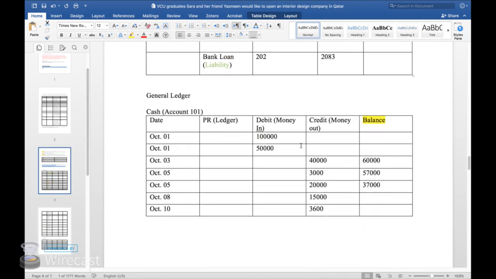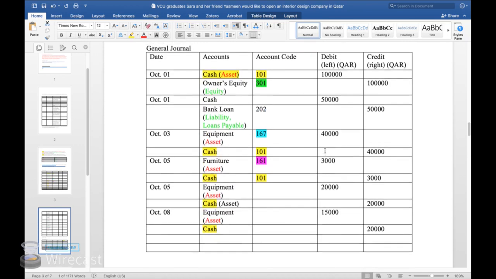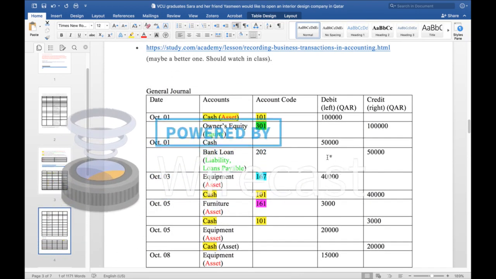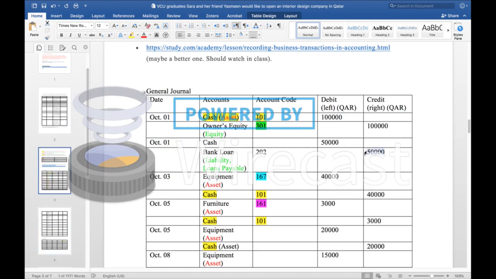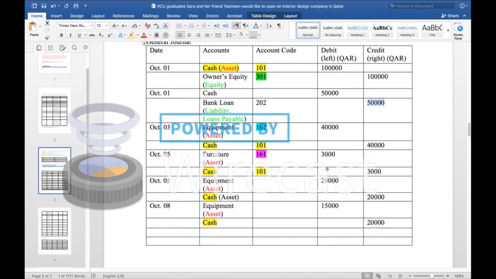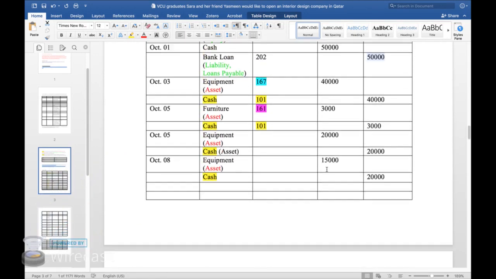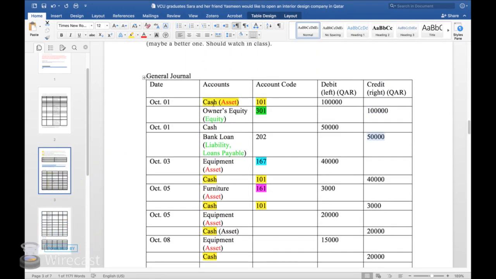So this cash recorded, this cash recorded. And this is not cash. This column is not cash. This is also not cash yet. This is something different. You just need to record all the cash, and then once you've done the cash, you'll come back and look at a different account.